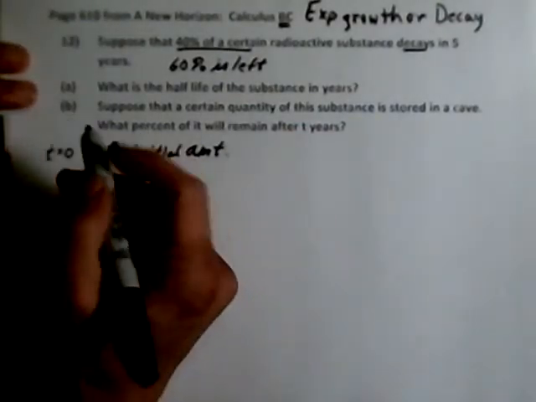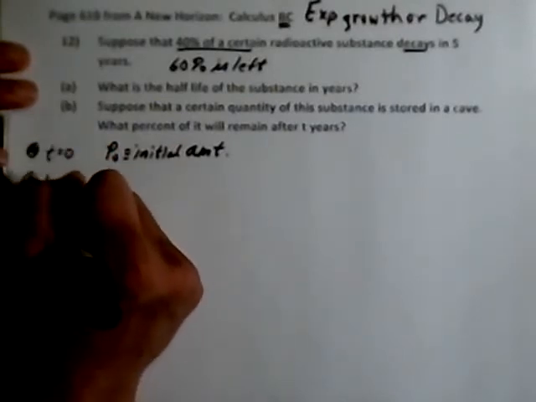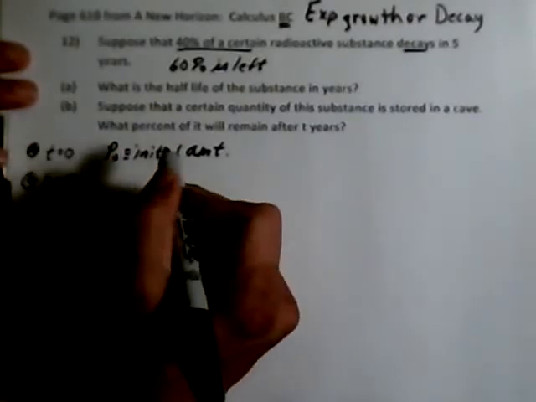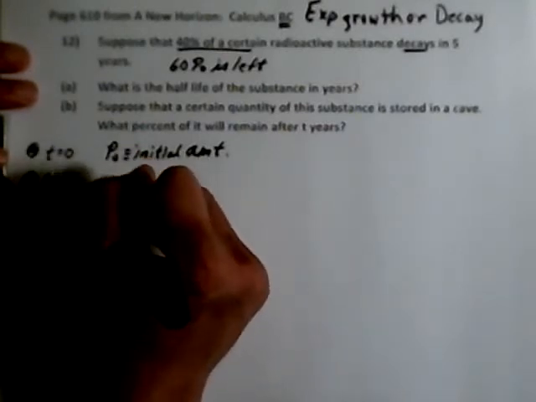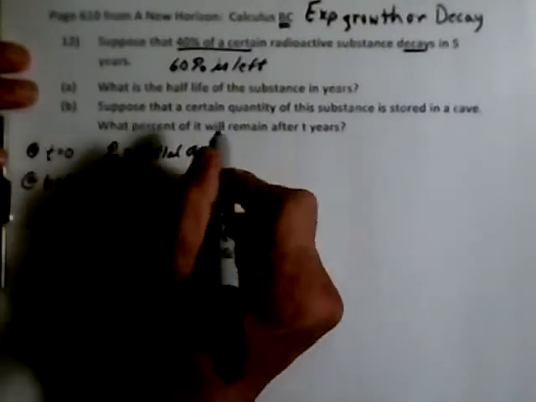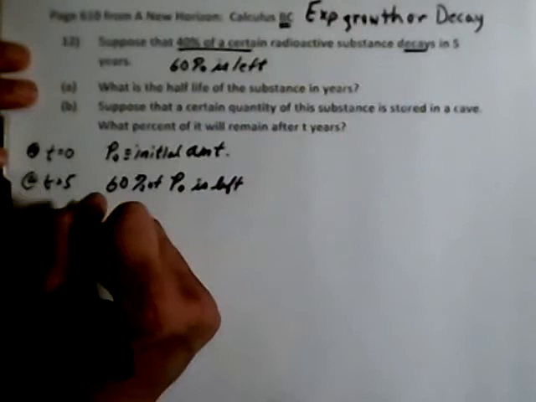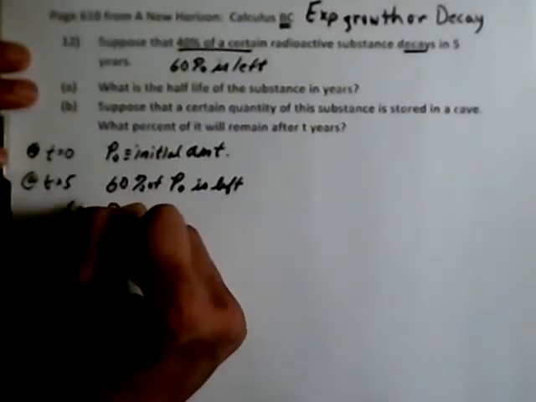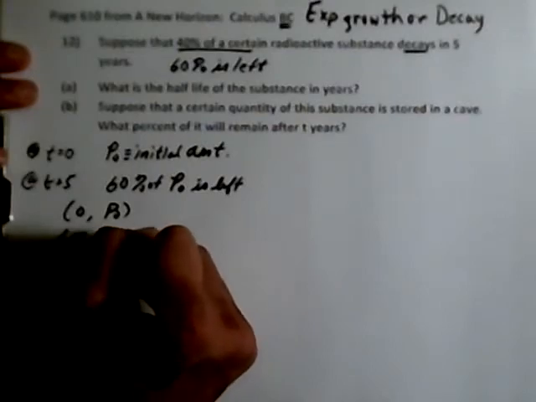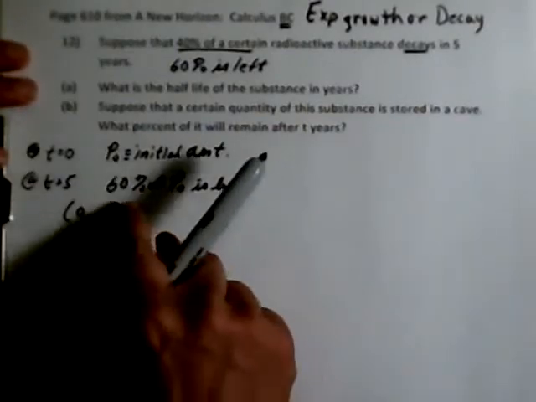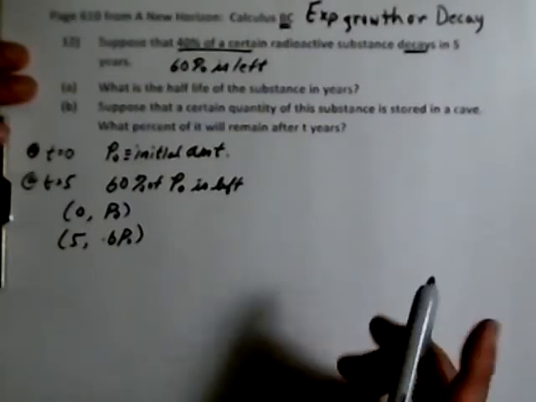At time t equals 5 years, 40% decays, which means 60% of P naught is left. So 0, P naught and 5, 0.6 P naught. That's your initial information.